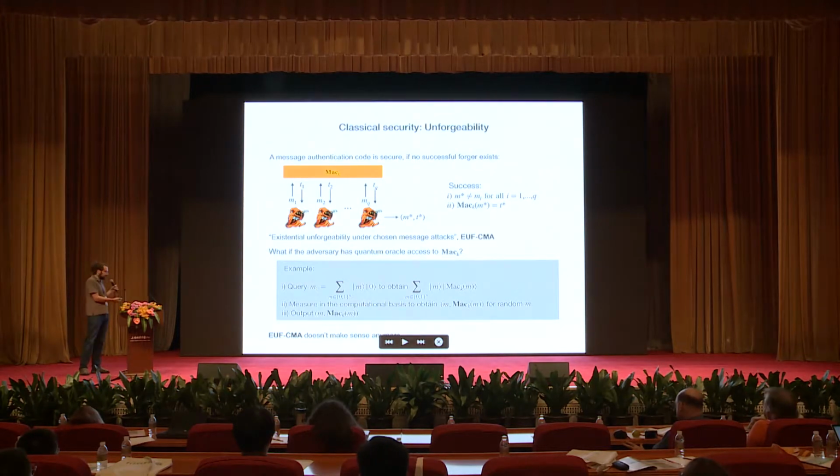The query has been a quantum state, and it was a superposition of exponentially many messages. Also, it doesn't exist anymore, so we literally can't compare the two to determine whether the forgery is fresh or not. So the bottom line is that EUF-CMA doesn't make sense anymore in this setting.